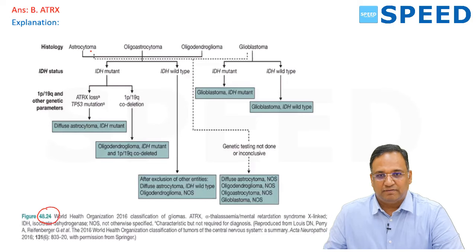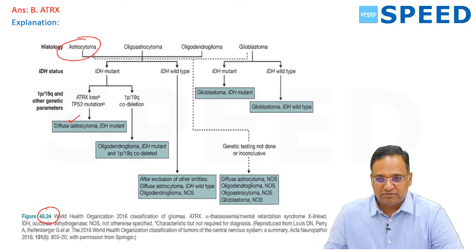So, the options are astrocytoma, oligodendroglioma, oligodendrocytoma, glioblastoma. What question is asked? Astrocytoma. When you see mutation, IDH mutant, IDH wild type, ATRX loss or TP53 mutation causes diffuse astrocytoma.